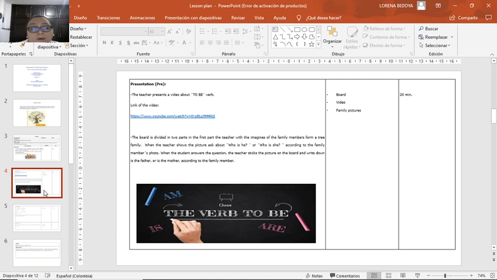When the student answers the question, the teacher sticks the picture on the board and writes down is the father or is the mother, according to the family member that the teacher asked. That activity is going to take around 20 minutes.